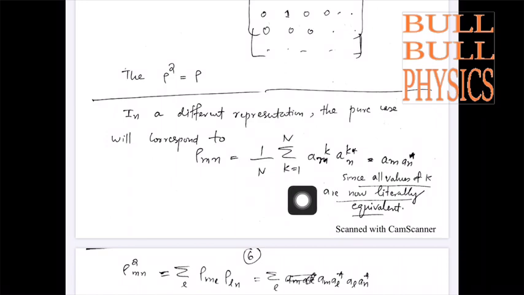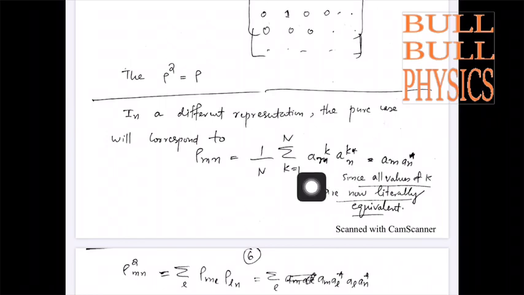Now in a different representation, the pure case will correspond to 1 by n, sigma k equal to 1 to n, a mk, a kn conjugate. This is how we define the density matrix. This is the original definition of the density matrix. But here we are considering the pure case, that is, there is only one microstate accessible to the system. Gamma is 1. So what that means is all systems in the ensemble are in the same microstate.